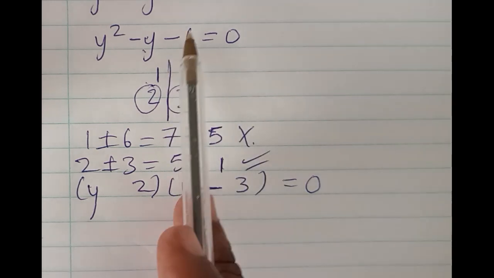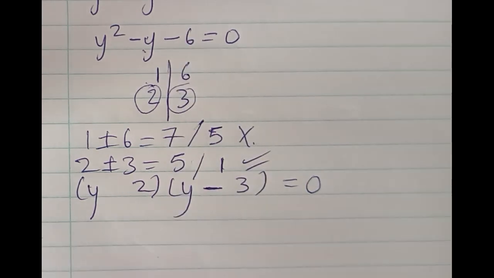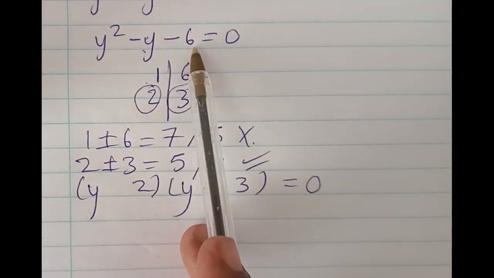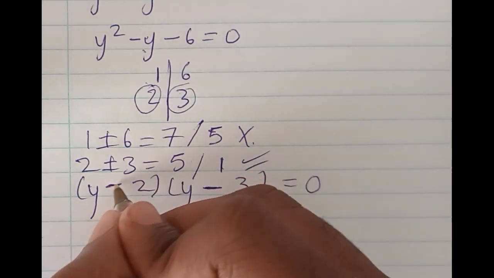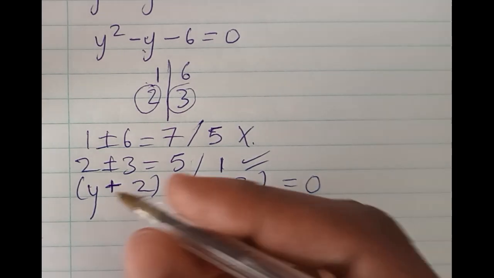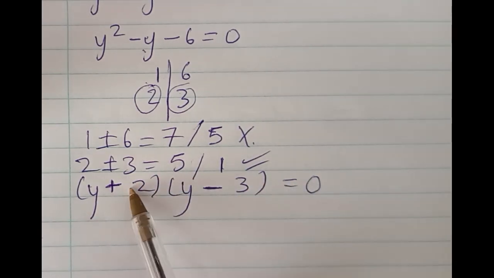But on our last term, we have a negative value also. So if I put another negative, I'll be saying that it's positive. So it's negative, which means here it should be positive too. Now I will equate this bracket to 0 and this one to 0 to get my y values.